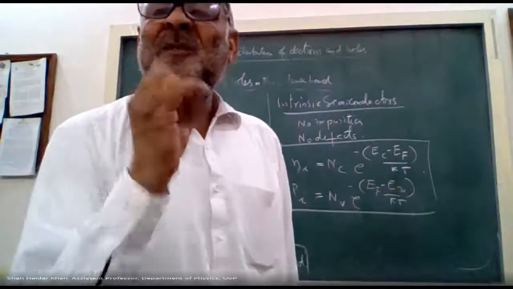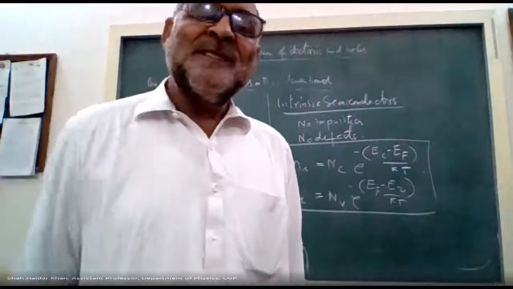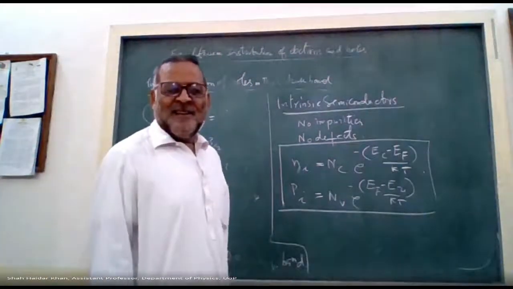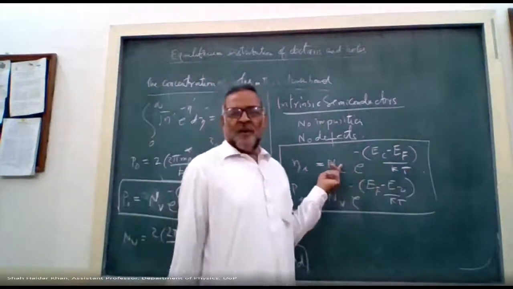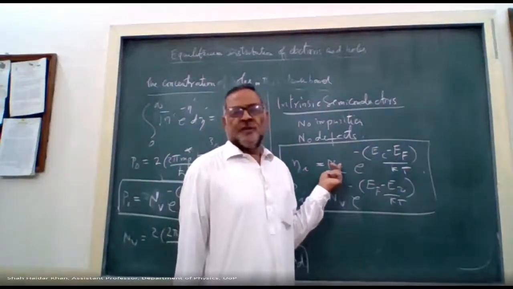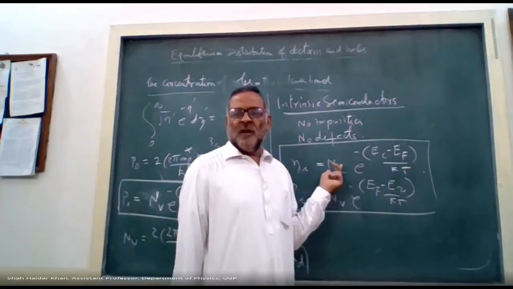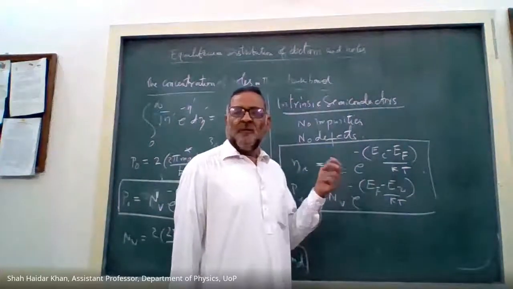In a small volume, per centimeter cube, how many electrons and how many holes do you have, that is given by this thing. It contains just the effective mass and the temperature, along with the Boltzmann constant and the Planck constant.